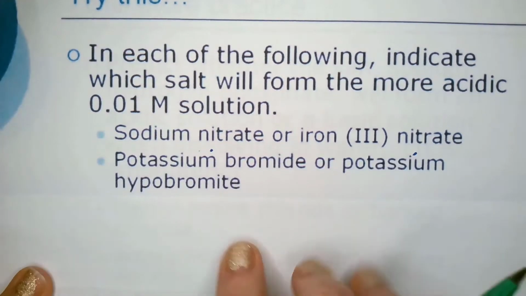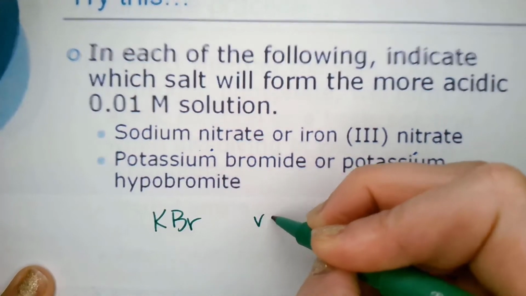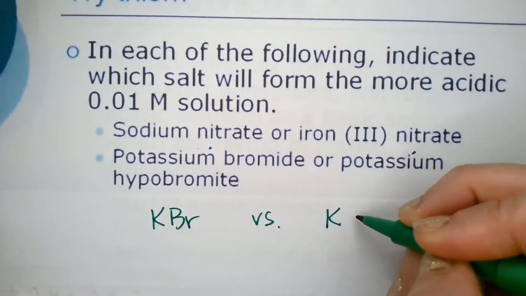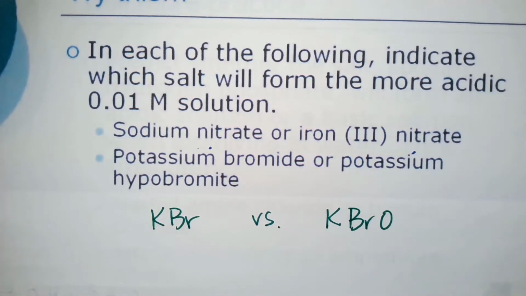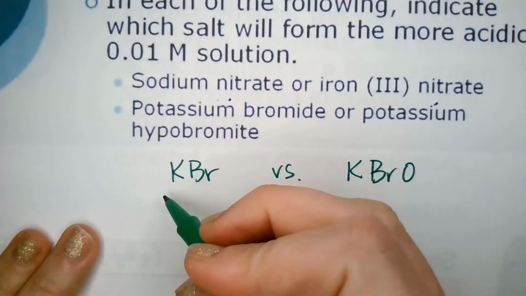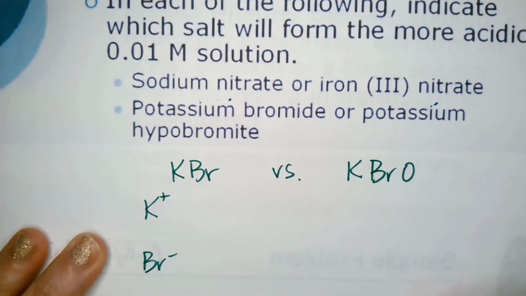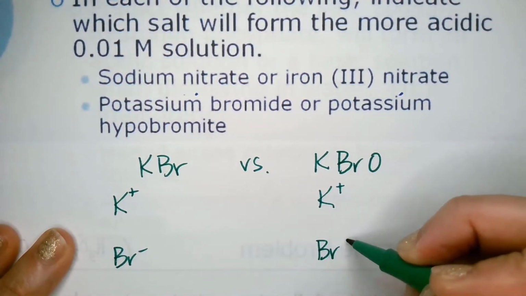Let's look at number 2, potassium bromide, so KBr, versus potassium hypobromite, KBrO. All right, so let's separate potassium bromide into its 2 ions. We've got K+ and Br-. And here we have K+ and BrO-.